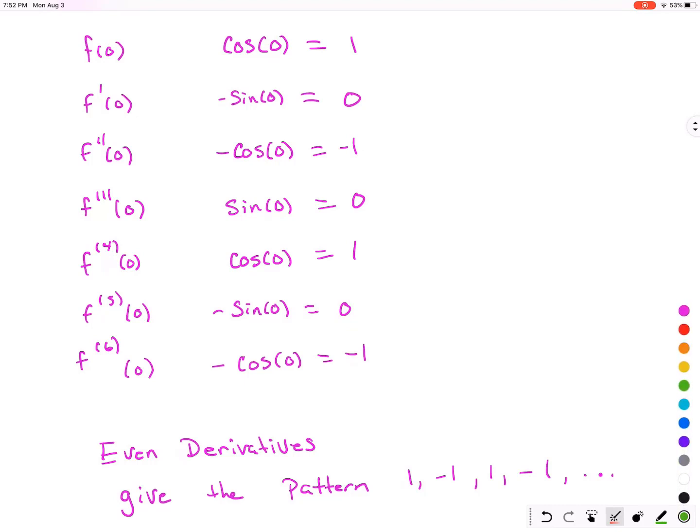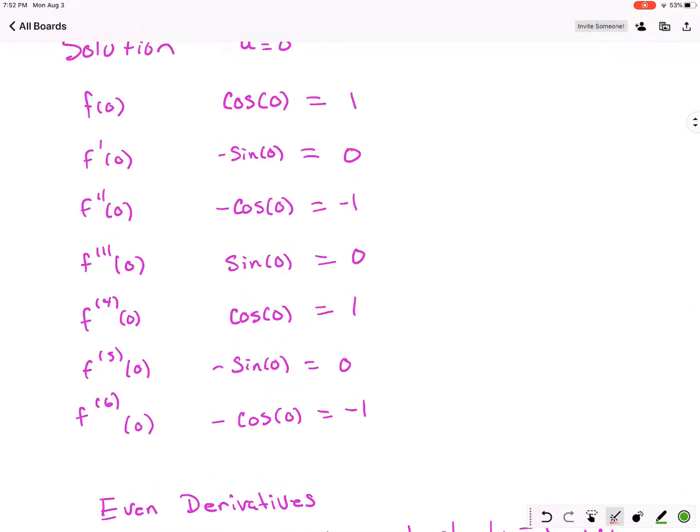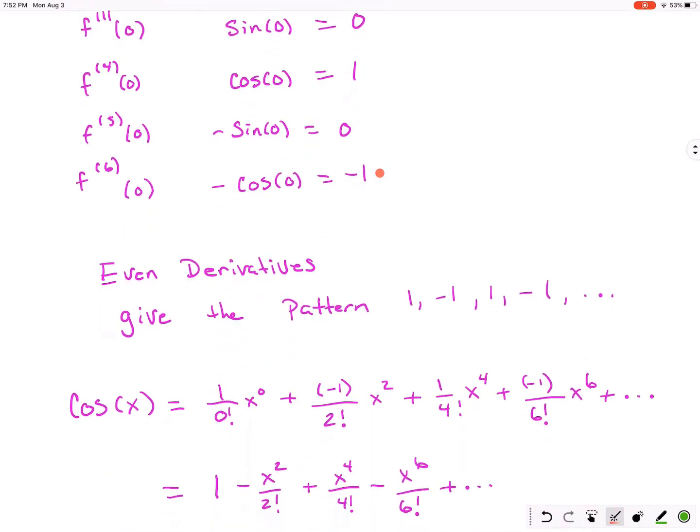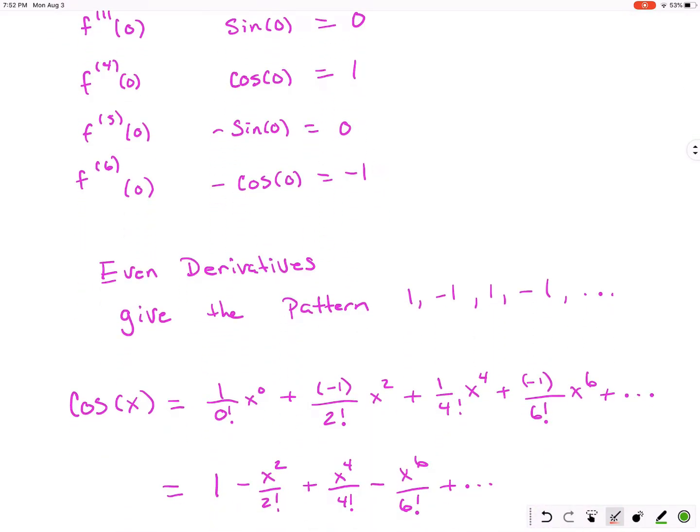So I see this pattern that with the even derivatives, the 0th derivative, second derivative, fourth derivative, and sixth derivative, I have this plus 1, minus 1, plus 1, minus 1 pattern happening. So even derivatives give me the pattern of 1, minus 1, 1, minus 1, and so forth.